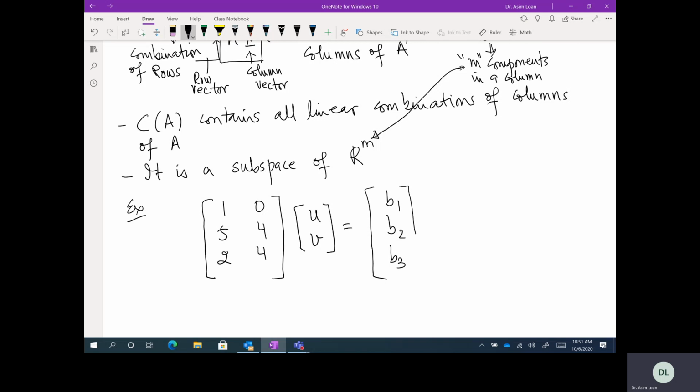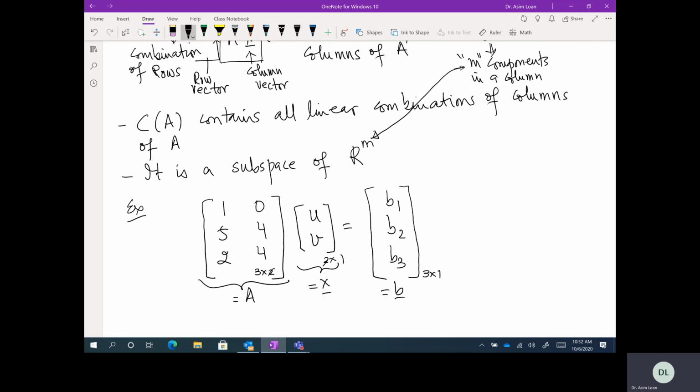So remember, we want to answer the question whether Ax equal to B has one solution, no solution, or infinitely many solutions. So this is A, this is X, and this is B. Okay, so this is 3 by 2, this is 2 by 1, and obviously this is 3 by 1.